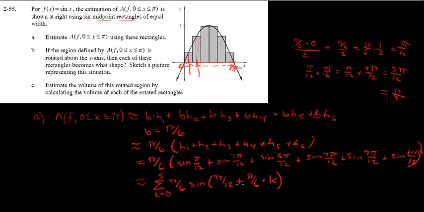My variable is k. I start from 0, I go to 5. I put that in my calculator, and I get a big answer.